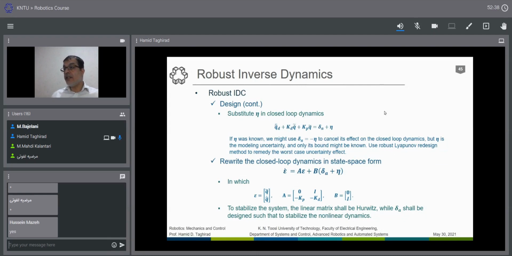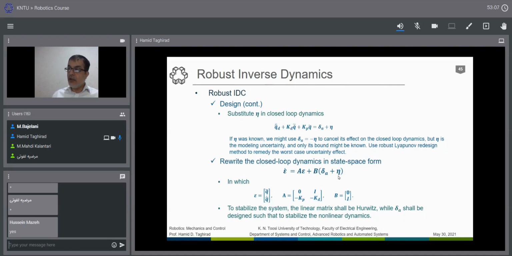So we rewrite this equation, which is a second order equation, in terms of state space formulation, which is a first order equation. It is very simple. We just use Q tilde dot is equal to Q double dot tilde, and then Q double dot tilde is equal to this, as you see, KD, KP, eta, and so forth and so on.